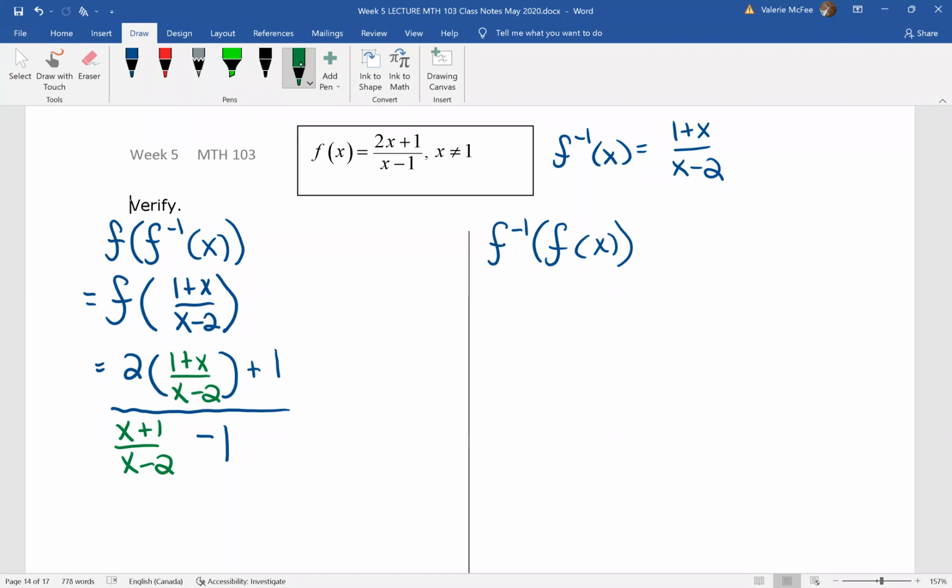So why don't you do the first step there, f composed with the inverse function. I wanted to show you this substituting first of all, and I used a different colored pen so you could see the inverse function. I had to change each x to f inverse. Now we have a complex rational expression that I hope you can simplify.